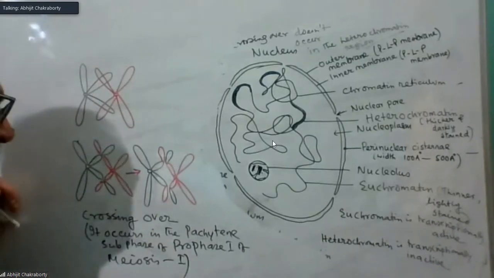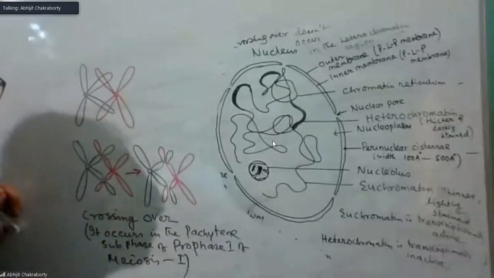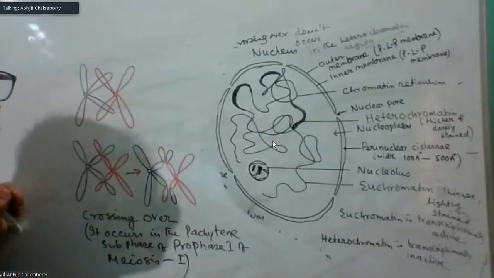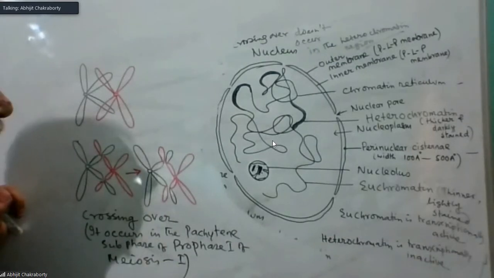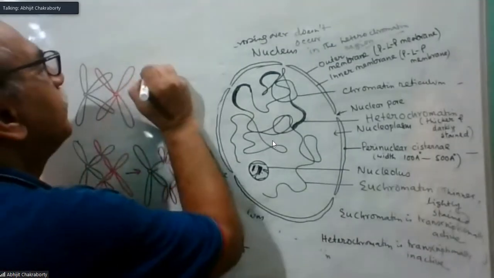Crossing over refers to the exchange of genetic material between two homologous chromosomes.